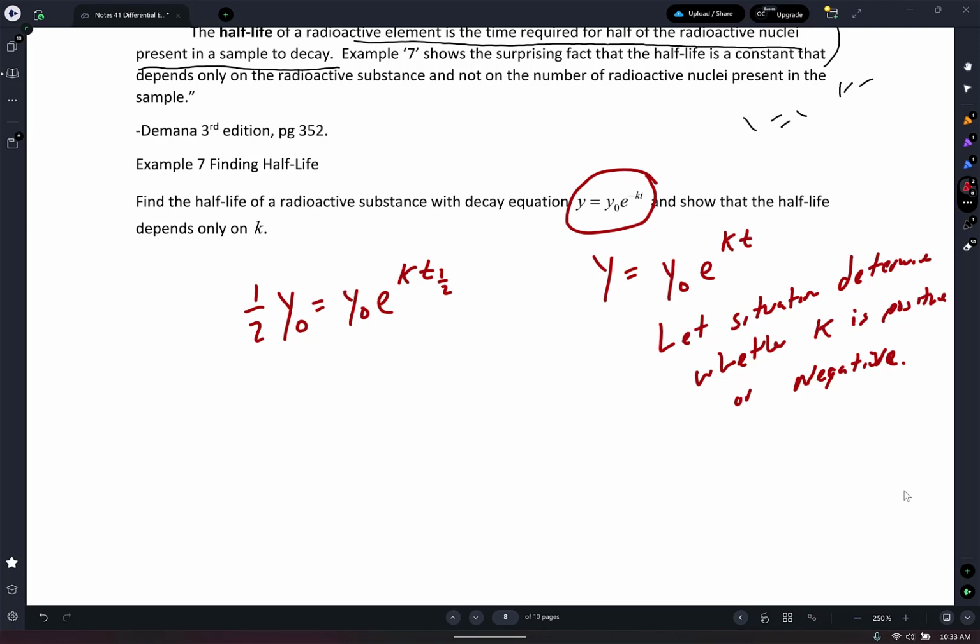Why would you put the subscript 1/2 on the t? Okay, I'm talking about the t part. Yeah, let's answer all questions. So this is the initial amount, and this means I have half of the initial amount.